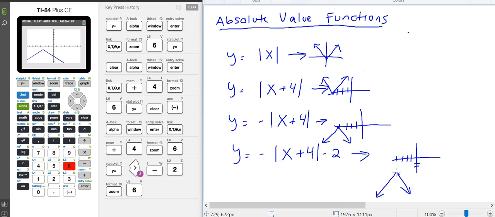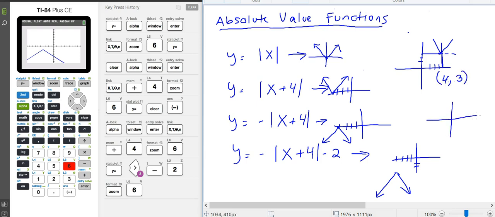You might be asked on the Regents for the minimum or maximum of an absolute value function. If you're given a graph or an equation that you can graph, it's very easy to find the minimum or maximum. If you're given a graph, you can see very easily, you'll be given grid lines, obviously. You can usually see very easily, like say this graph would have a minimum at 4, 3.